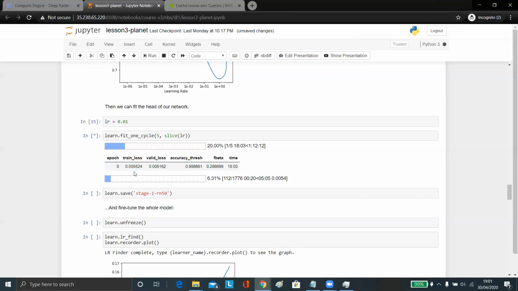Yeah, that's very low. That's 0.5%. Well, that's suspiciously low, I would say. That's my view on it. I don't like seeing a single epoch getting us that level of accuracy. It implies that we've done something wrong.